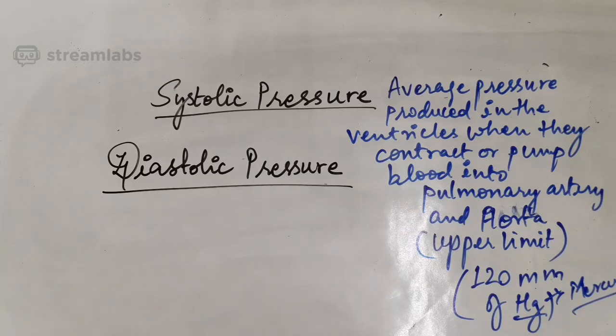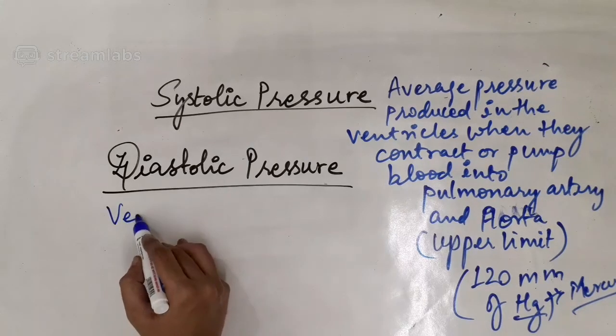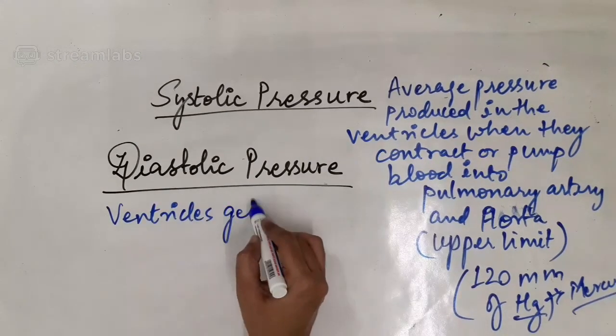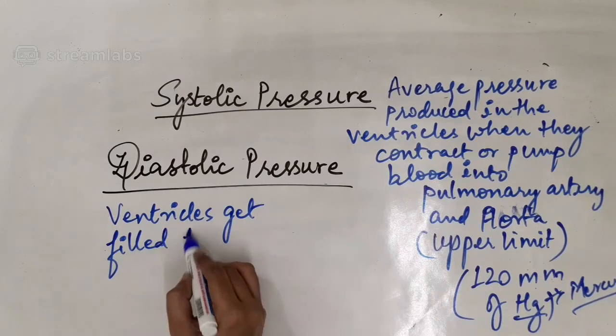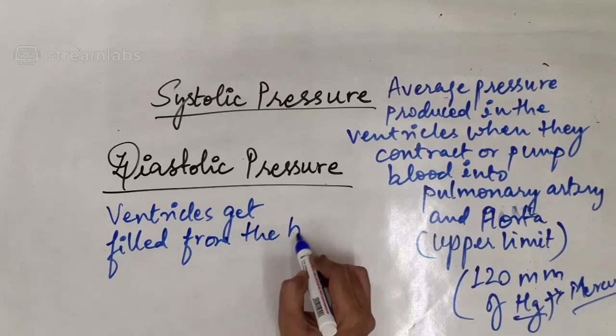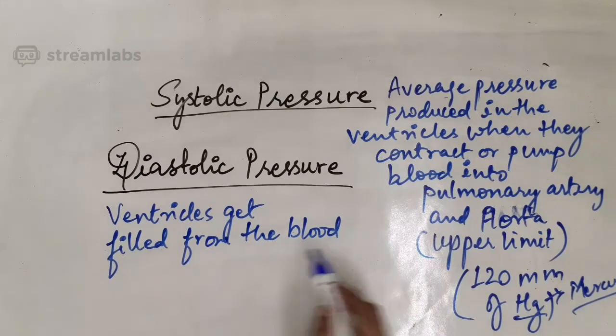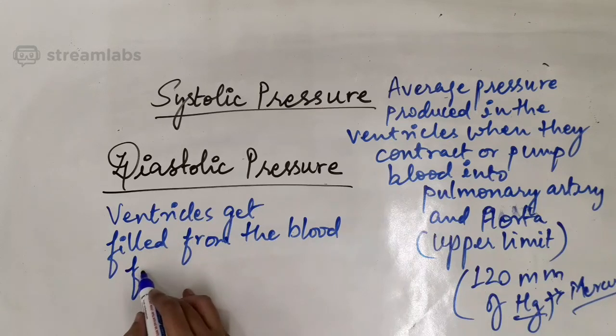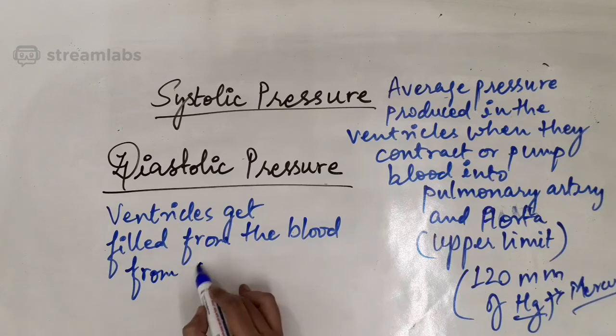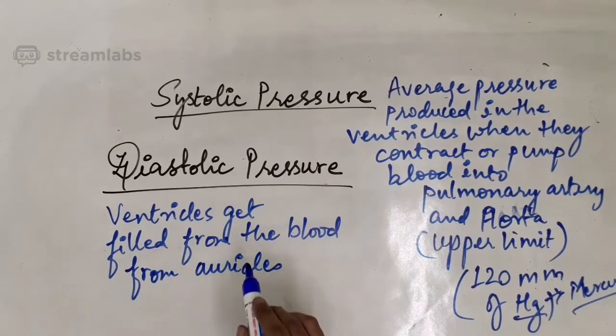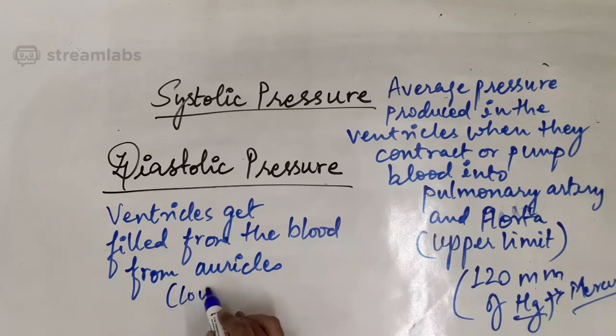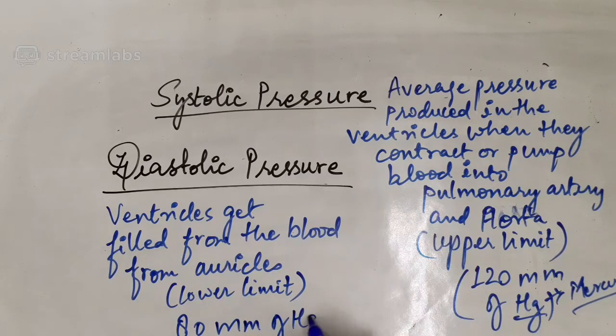And diastolic means the average pressure produced when the ventricles get filled with blood from the auricles. This average pressure is called the lower limit, that is 80 mm of Hg.